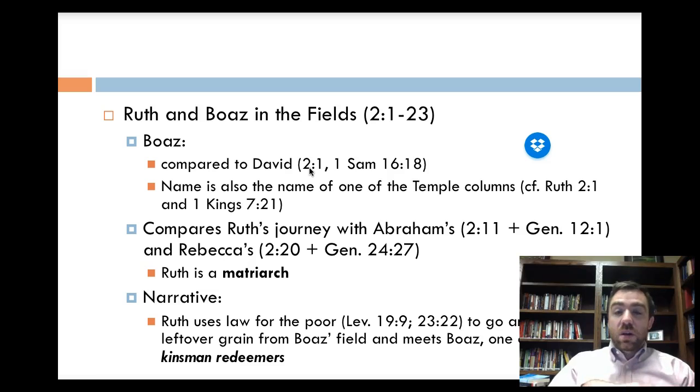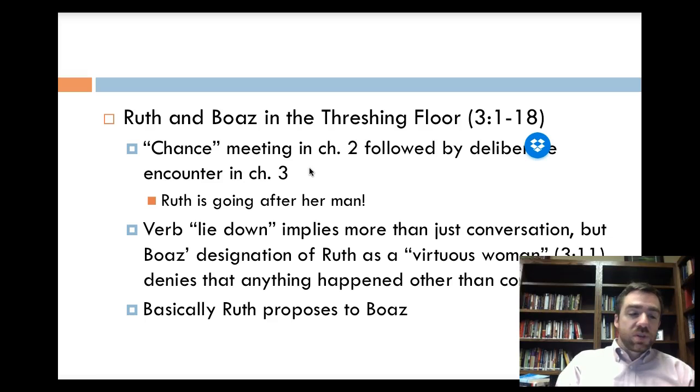She uses the law for the poor that's articulated in Leviticus 19 to go and pick leftover grain, and meets Boaz. And Boaz is one of Naomi's kinsman redeemers. So in other words, he's related to Naomi, and therefore Boaz can marry Ruth as a kinsman redeemer. Very fascinating in terms of how Ruth the Gentile restores Israel.